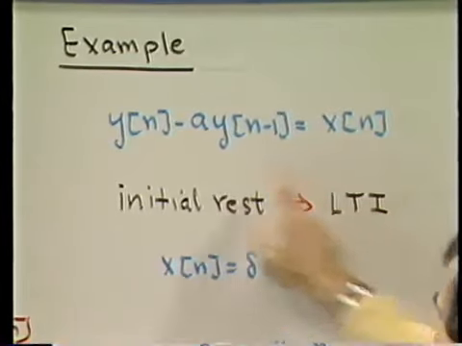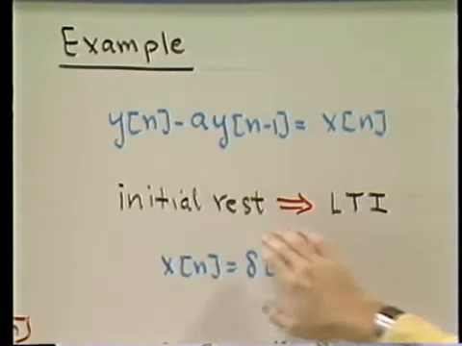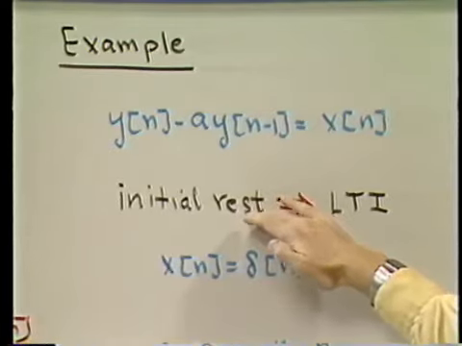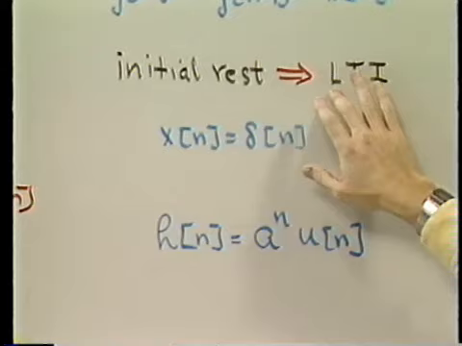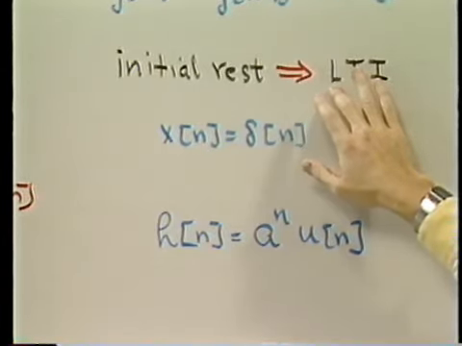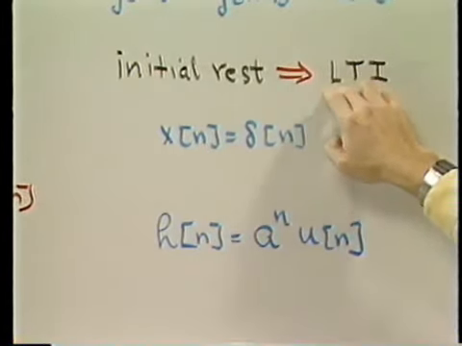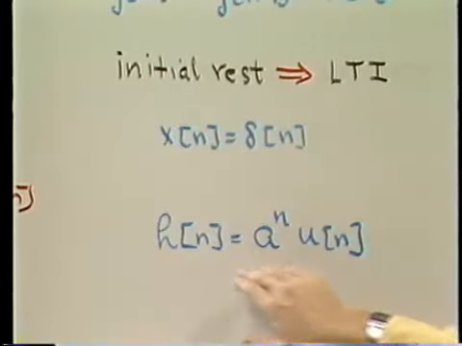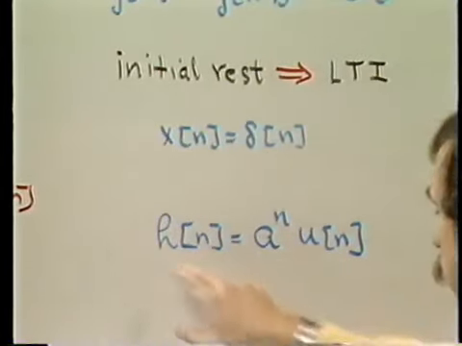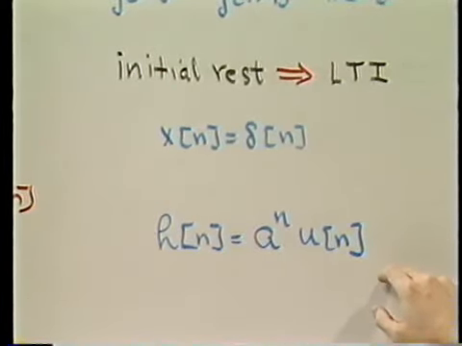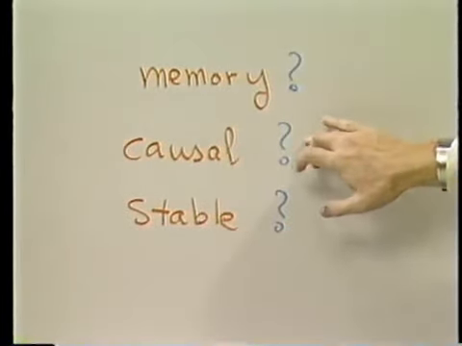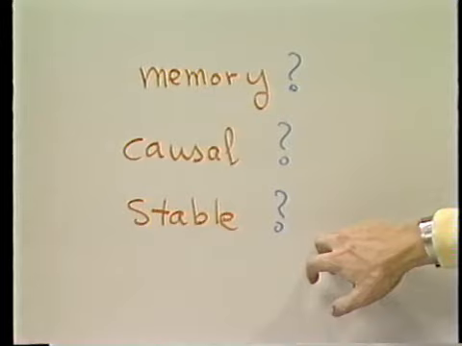And under the imposition of what's referred to as initial rest, which corresponds to the response being 0 up until the time that the input becomes non-zero, the impulse response is a to the n times u of n. And something that you'll be asked to think about in the video course manual is whether that system has memory, whether it's causal, and whether it's stable.